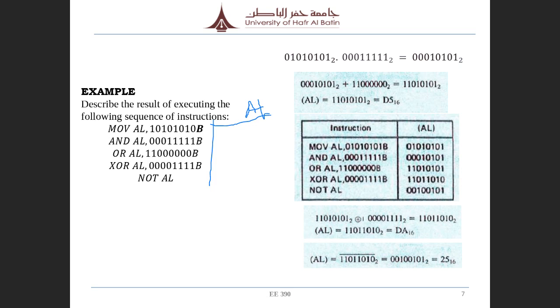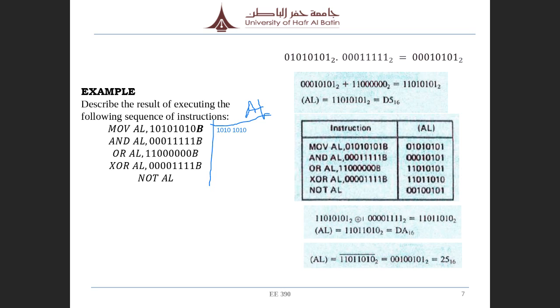Now what about the AND operation? Second one: AND AL, 00011111. So what will happen now? The MSB 3 bits must be 0, whatever these bits are.